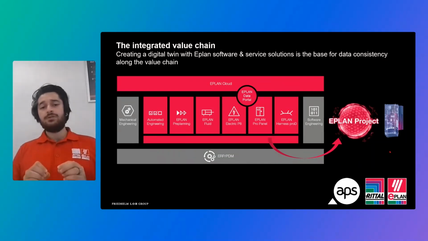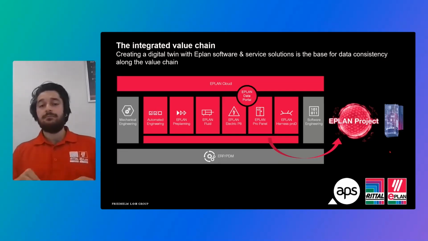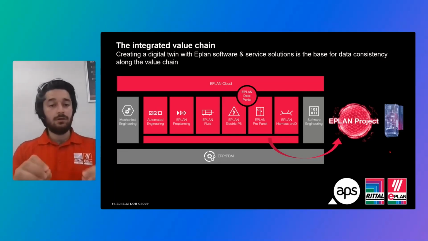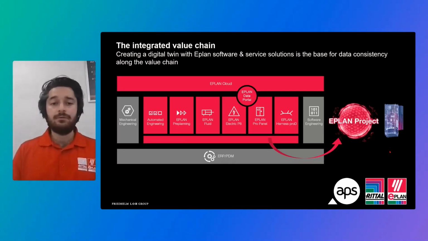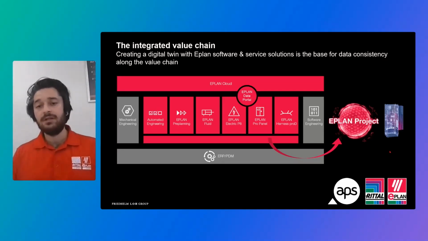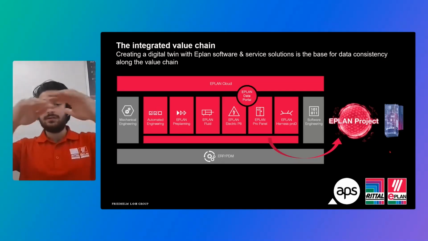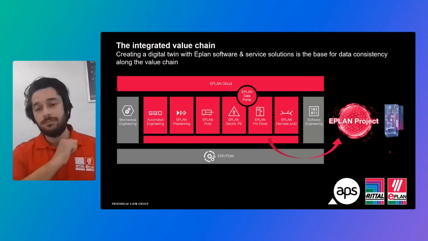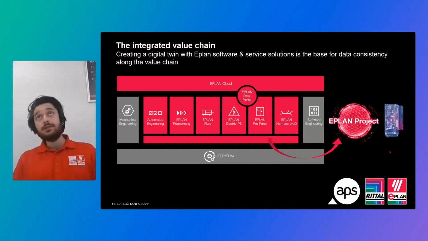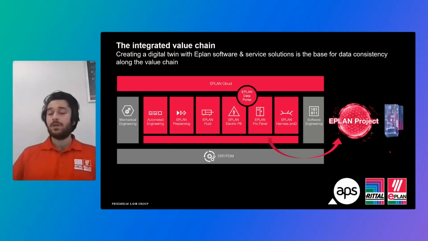Today, we're going to mainly talk about Electric P8 and Pro Panel, but there are many more solutions you can see on your screen: automated engineering, Eplan Pre-planning, Fluid, Harness, Cable, and so on. All of this comes under the umbrella of Eplan Cloud, which holds them together. We also see the small circular one, Eplan Data Portal, which holds over 2 million parts from over 400 different manufacturers.